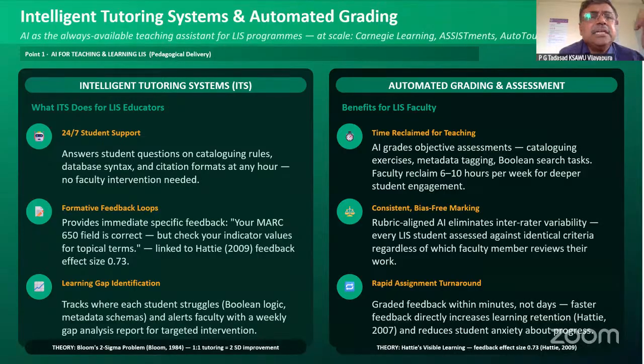So intelligent tutoring systems like Carnegie Learning, ASSISTments, AutoTutor, and Cognigo are some of the tools that I have listed. They can be used for 24/7 student support. If I'm interested in the morning, I can use it. If I'm interested in the afternoon or late at night, early morning, wee hours, whatever it is, I can use it.